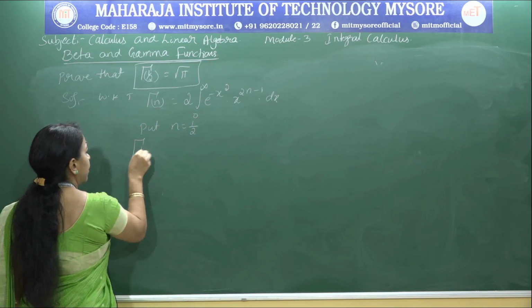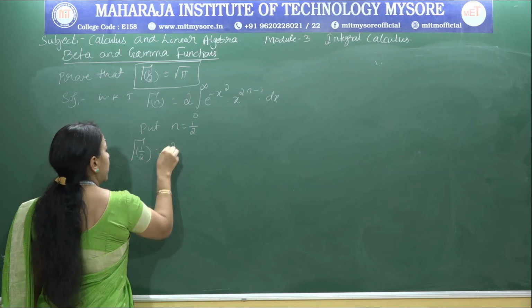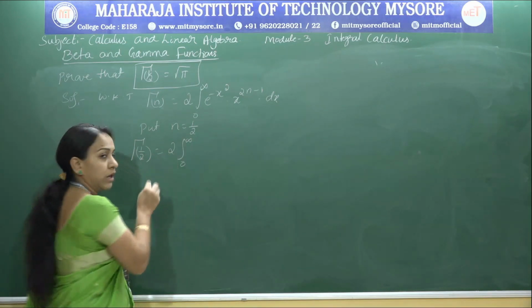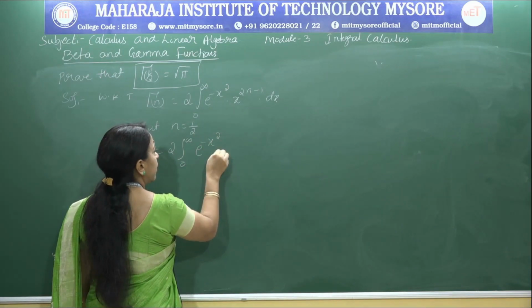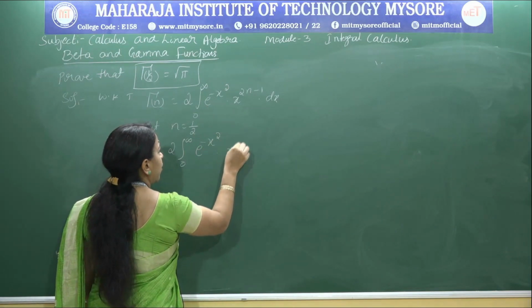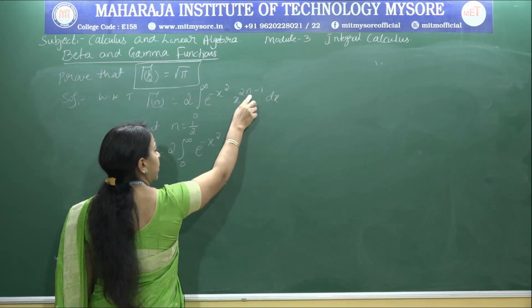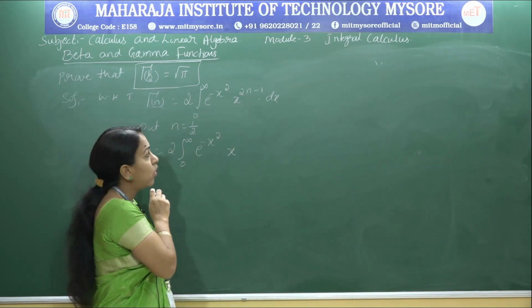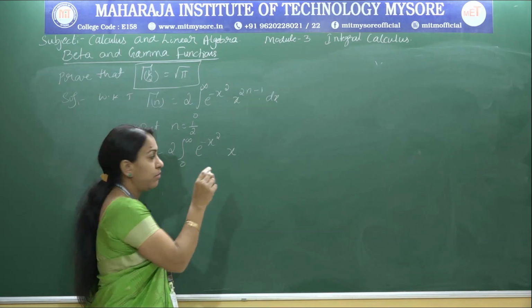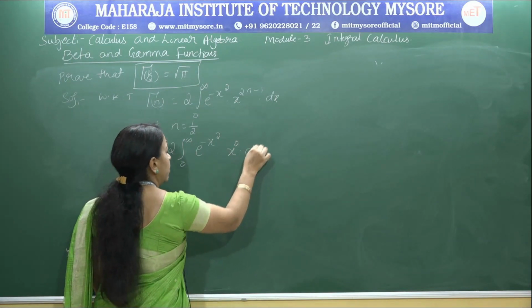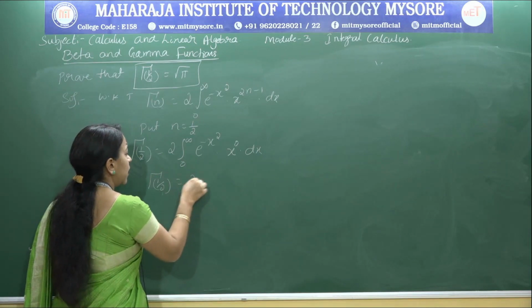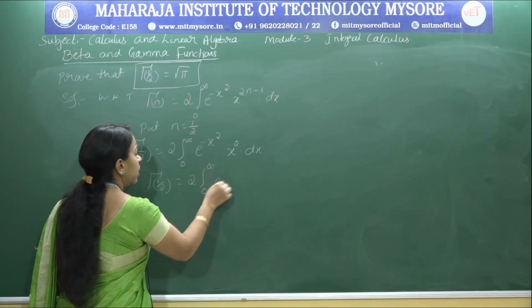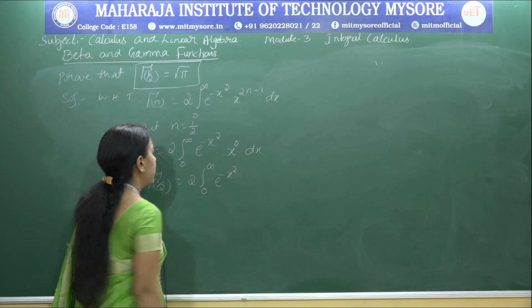So, gamma 1 by 2 is 2 times the integral 0 to infinity e to the power of minus x square into x to the power of 2n into 1 by 2, which is nothing but 1. X power 1 minus 1 will be 0 dx, or gamma 1 by 2 is 2 times the integral 0 to infinity e power minus x square.